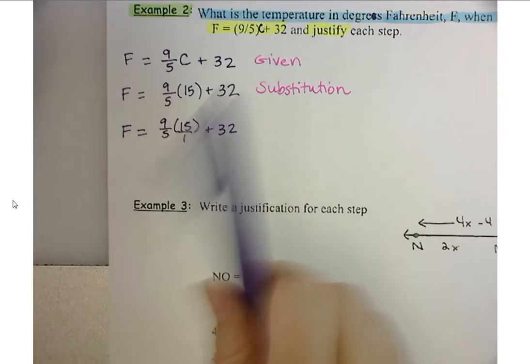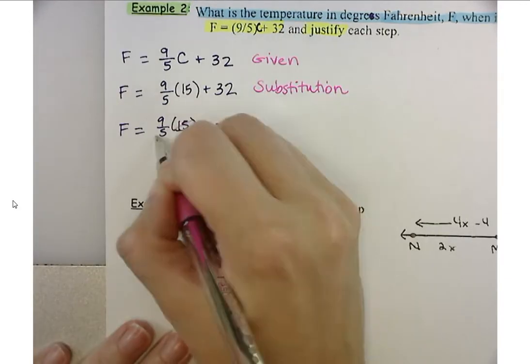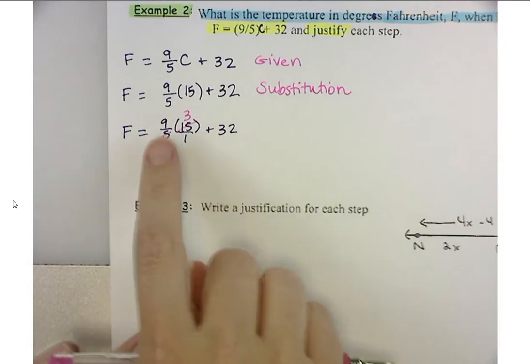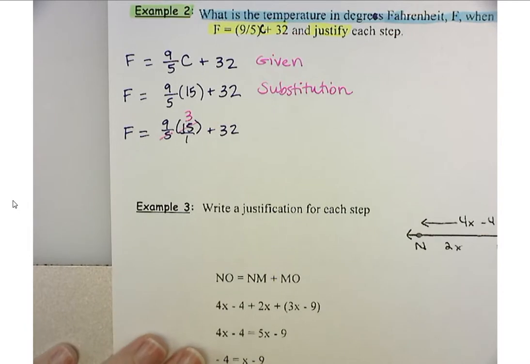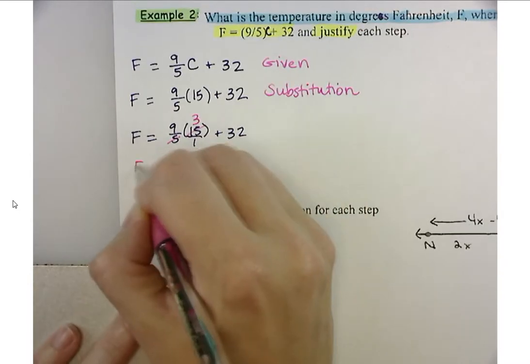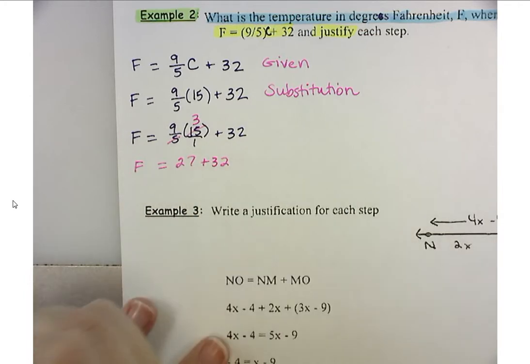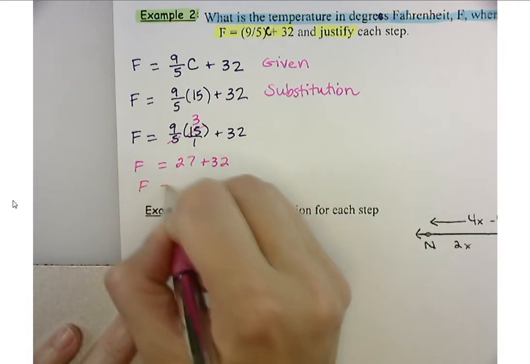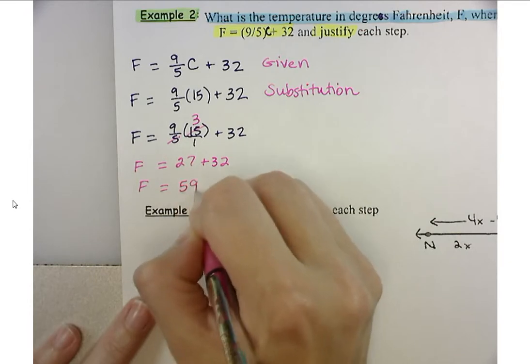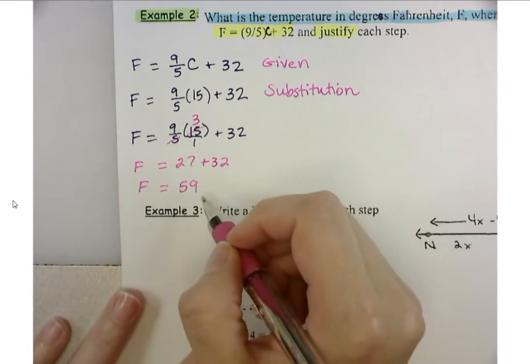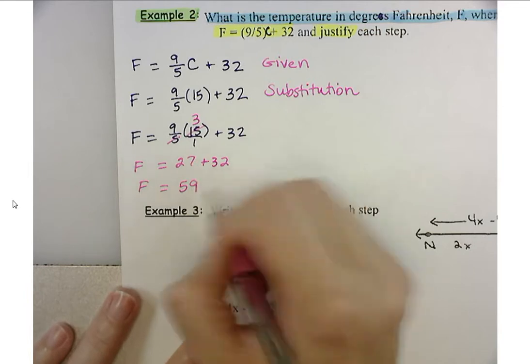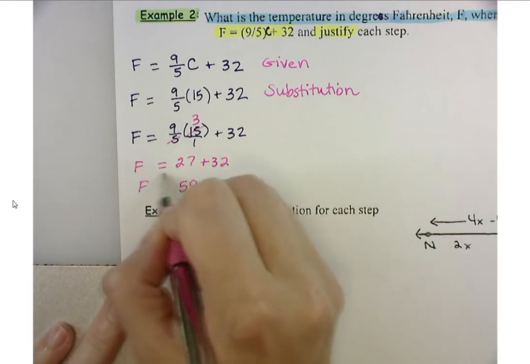So 15 divided by 5 is 3. So 9 times 3 would be 27. So this would be 27 plus 32, which is 59. So this would be 59 degrees.